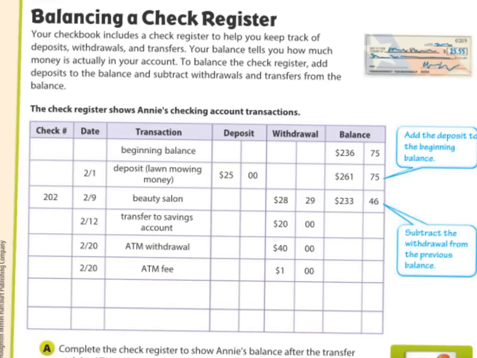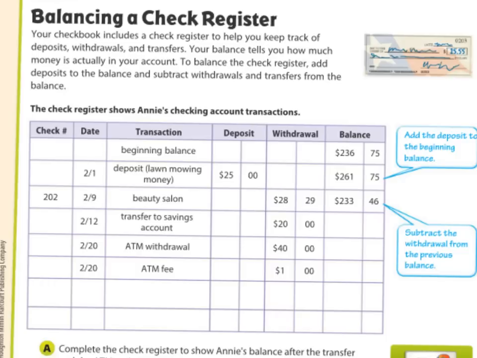Okay, so this is what a check register looks like. A lot of times you'll hear adults say things about balancing their checkbooks. It's kind of something that we don't do much anymore because we have online banking. We can check our banking app. Like I bank at IBC.